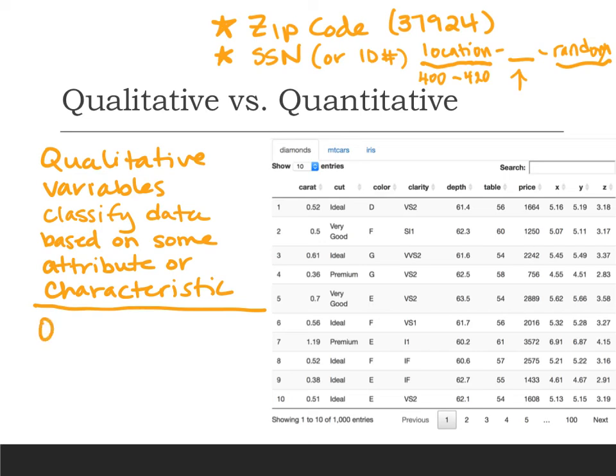All right, quantitative data, or quantitative variables, represent data that are basically counts or measures.